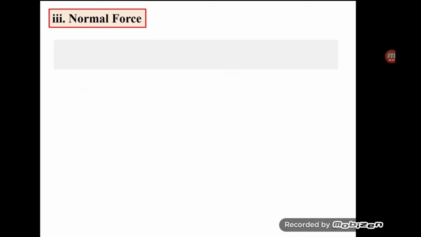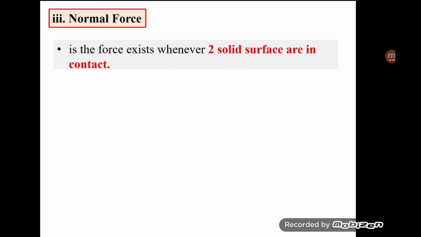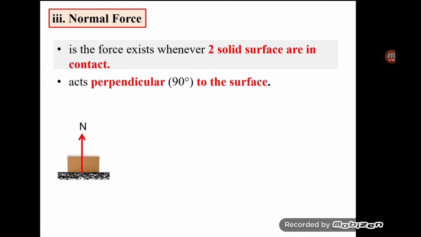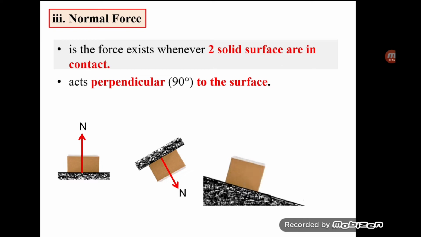Normal force. The definition for normal force is the force that exists whenever two solid materials are in contact, perpendicular to the surface. So normal force is perpendicular to the surface.